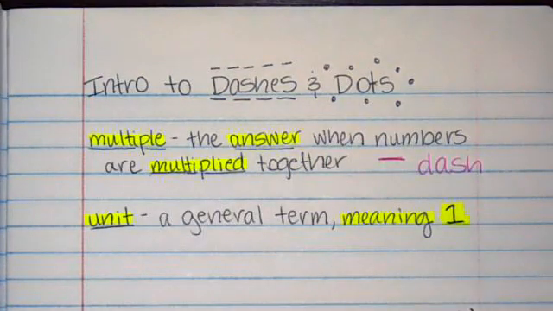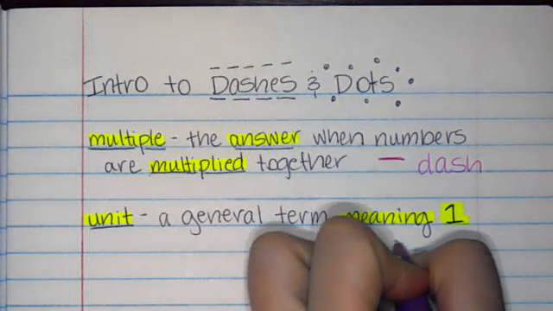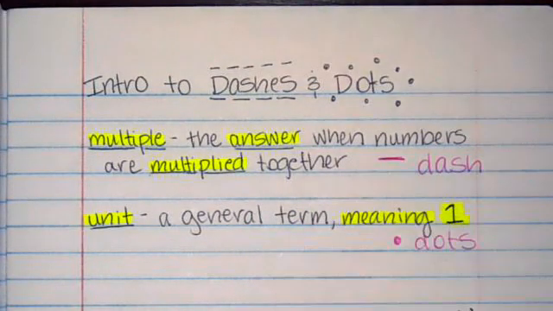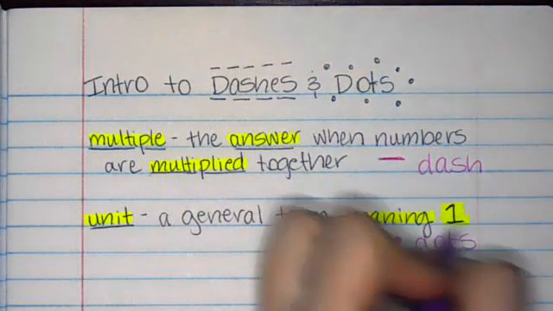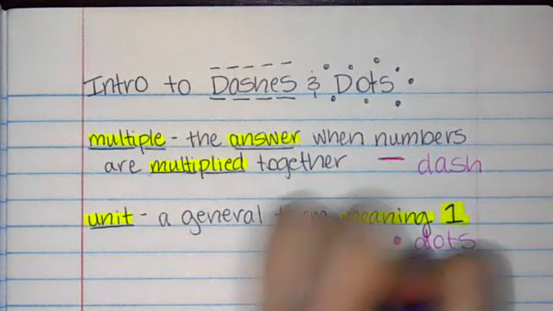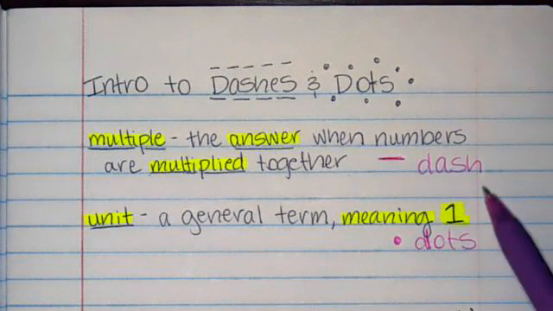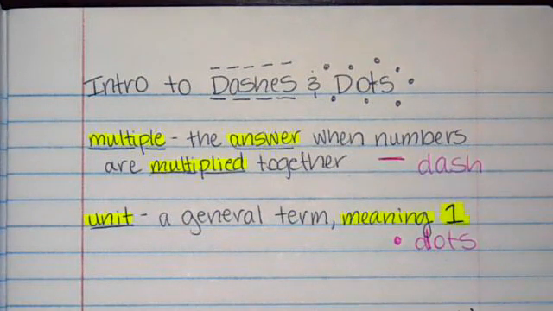And then units are a general term meaning just one, and we're going to show units with dots. So for you to be successful in this type of division, you understand that dashes mean the multiples and the dots are units.